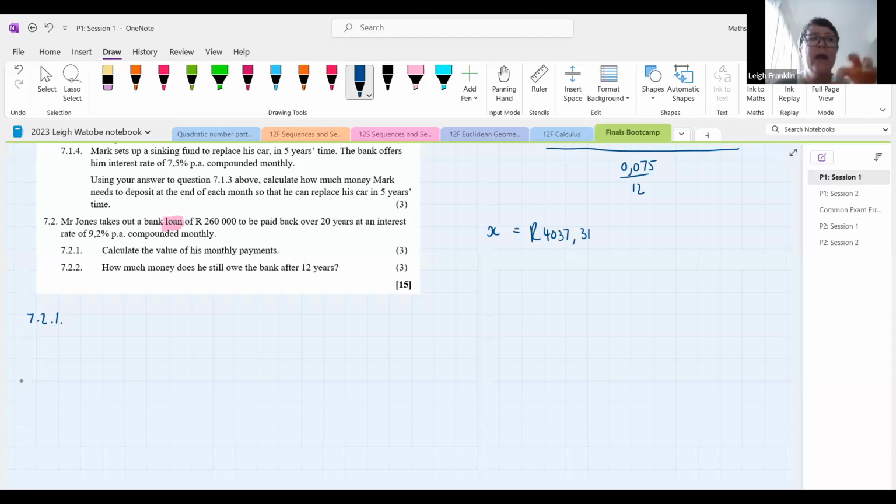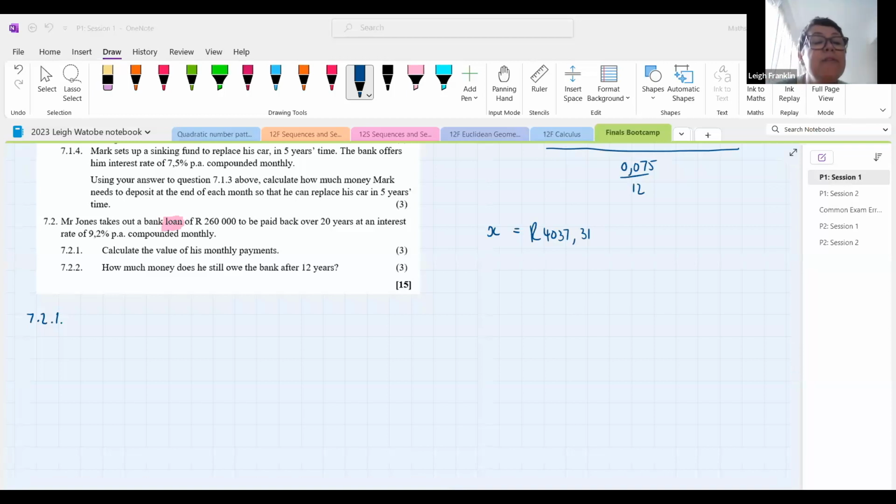Present value is where there's a large amount of money in the beginning that becomes smaller over a period of time with consistent payments. So that's going to be a bank loan. It could be an inheritance. It could be winning something from the lottery. So you've got to use the correct formula. In this case, it's going to be our present value formula.